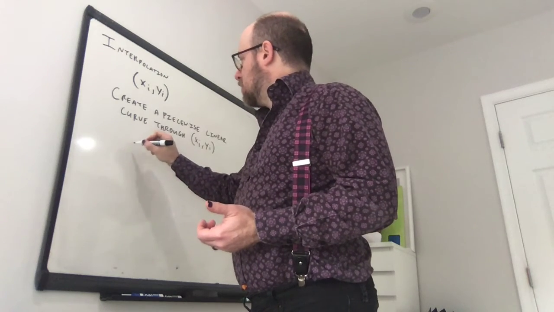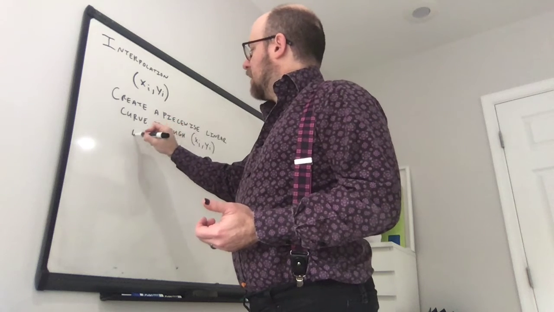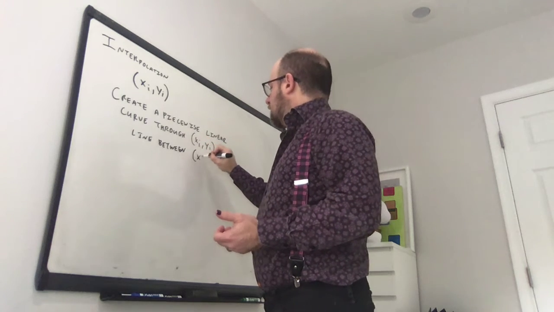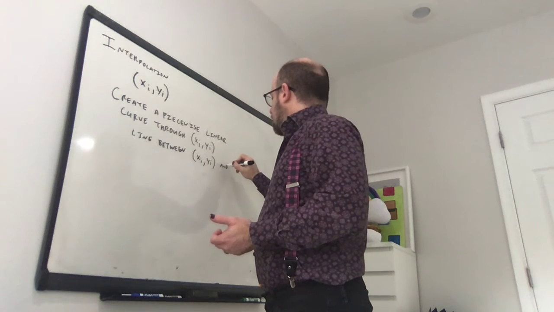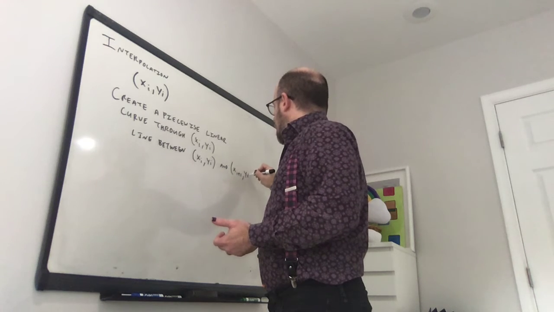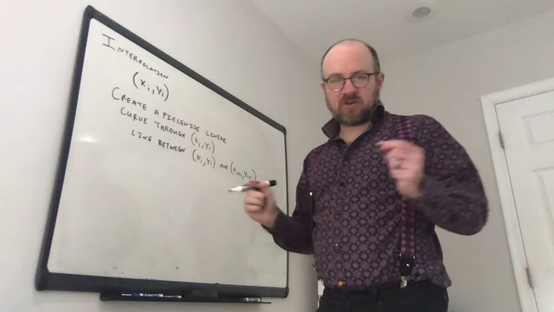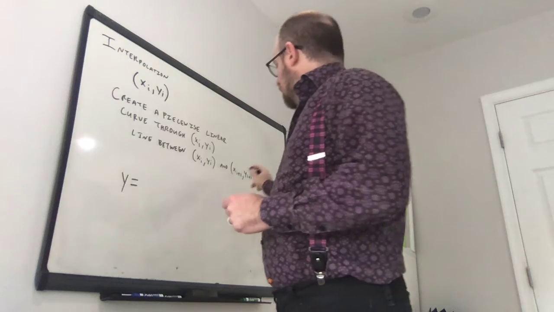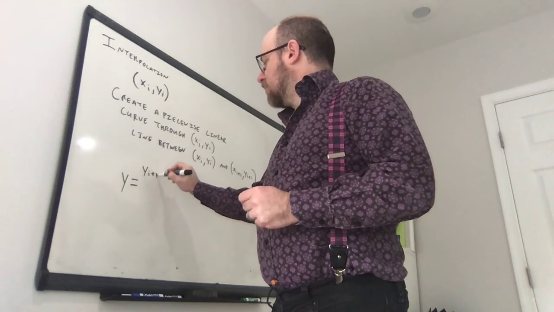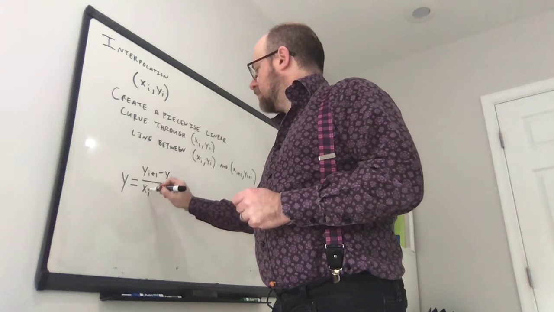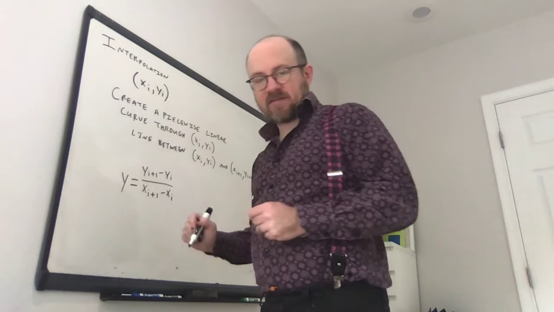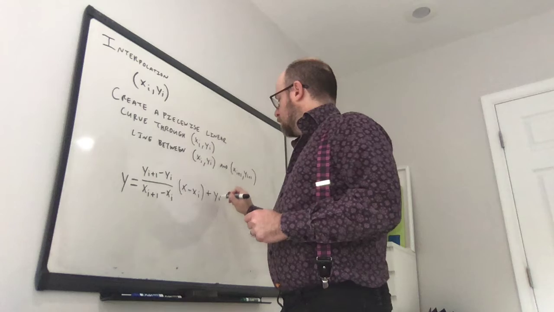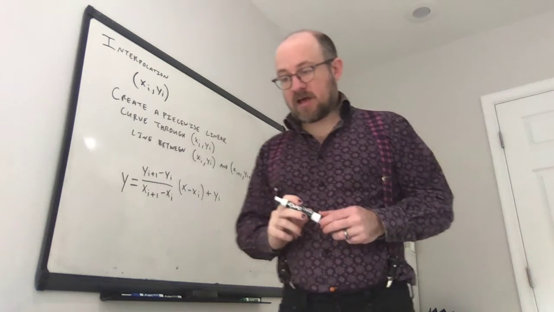So if we want the line between xi, yi, and xi plus 1, yi plus 1, so between 2 consecutive points, then that line is y equals the slope between these points, which is yi plus 1 minus yi, over xi plus 1 minus xi, times x minus xi, plus yi.